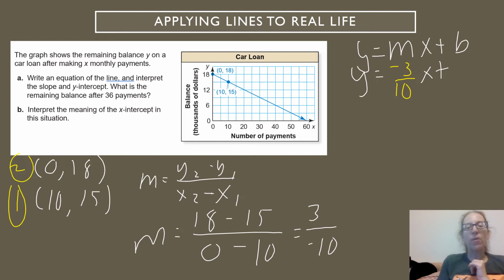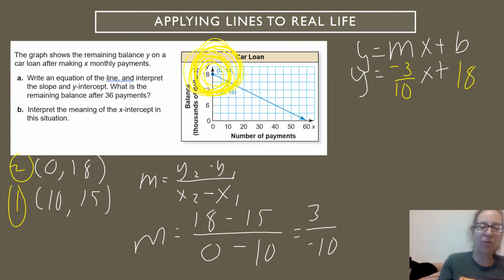Now, the other number that I need is the y-intercept. We can go through the process of finding the y-intercept, but if you're observant in the problem, you realize that we don't need to. The y-intercept is where the line crosses the y-axis, and I can clearly see there that the y-intercept is 18. If you want to write 18, that's okay.